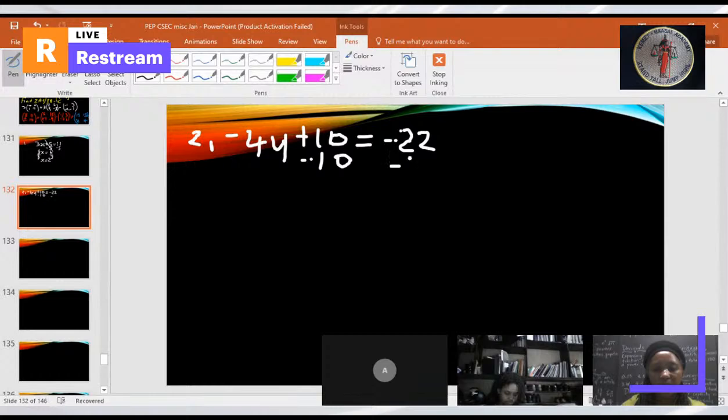And when we do that, what are we going to have? Negative 4y equal negative 32. So this plus 10 minus 10 now gives 0. And negative 22 minus 10 is negative 32.